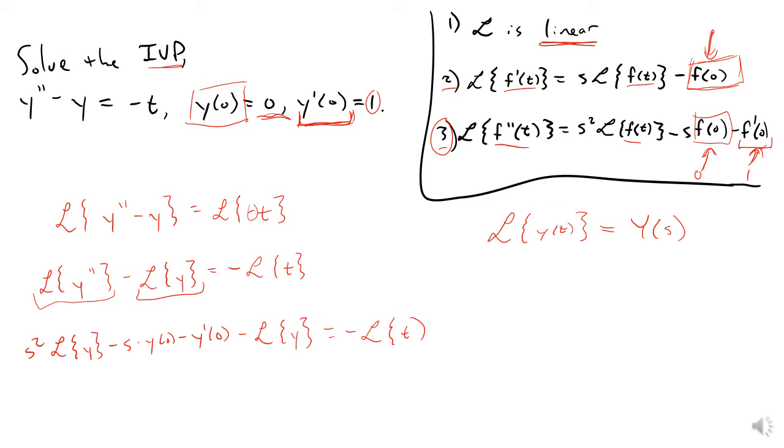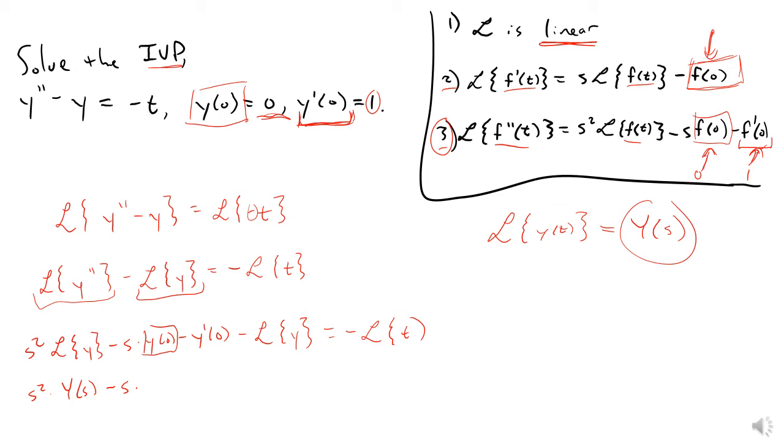All right, so now let me clean things up a little bit. Just like I was saying over here just a second ago, I'm going to rename this Laplace transform of y. I'm going to call it capital Y of s. So I have s squared times capital Y of s minus s times, now here's where we use our initial conditions, right? What is y of 0?